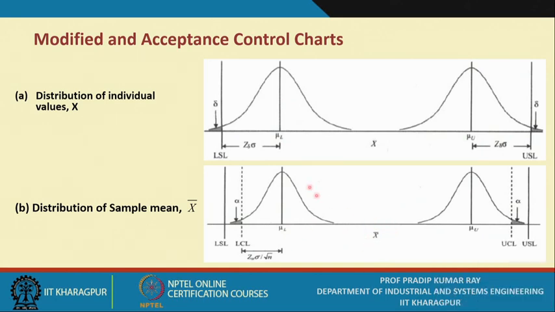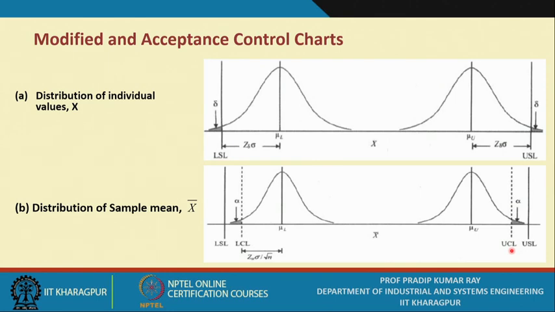When you consider the individual value x, the standard deviation is sigma, whereas here the standard deviation will be sigma upon root n as per the central limit theorem. So obviously we specify this as the lower control limit, and we specify this as the upper control limit.